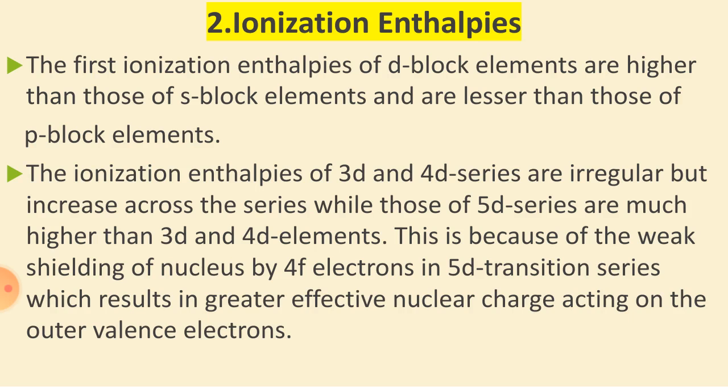This is basically because of weak shielding effect of the nucleus by 4f electrons in 5d series, which results in greater effective nuclear charge acting on the outer valence electrons. Down the group, enthalpy of ionization should decrease, but here 5d series have more enthalpy of ionization than 4d series. This is due to lanthanide contraction. So this is also a very important point regarding the enthalpy of ionization.